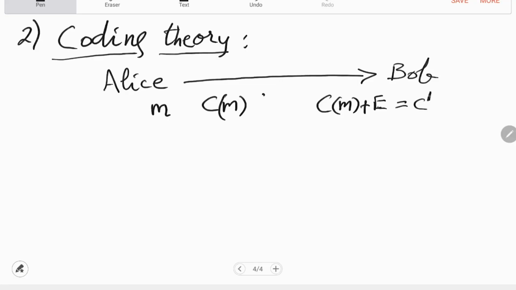Suppose the error changes 50% of the bits, then is it possible for Bob to deduce M from C prime? Why not? Exactly. Just think of one bit. If Alice sent 2 bits, and one of them got flipped, that is C prime.